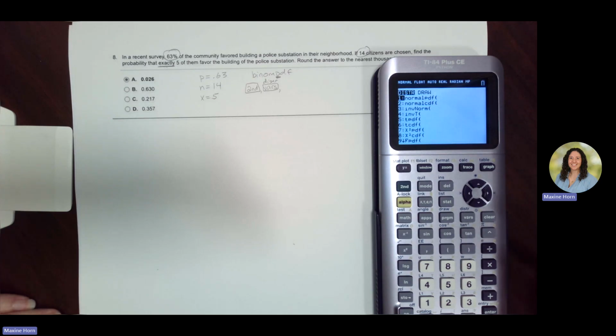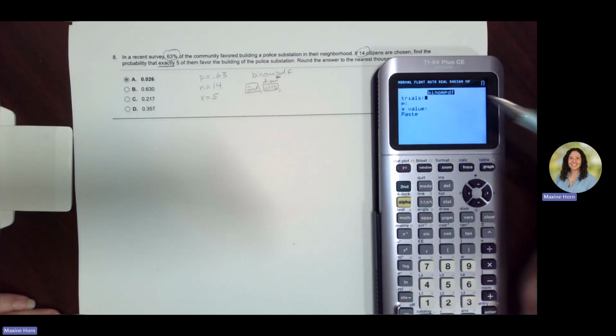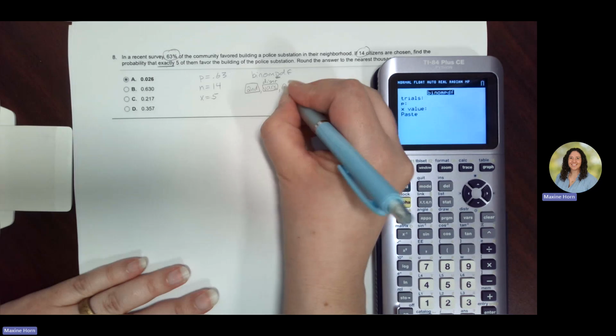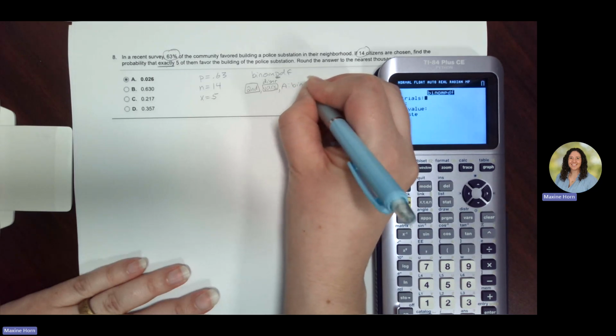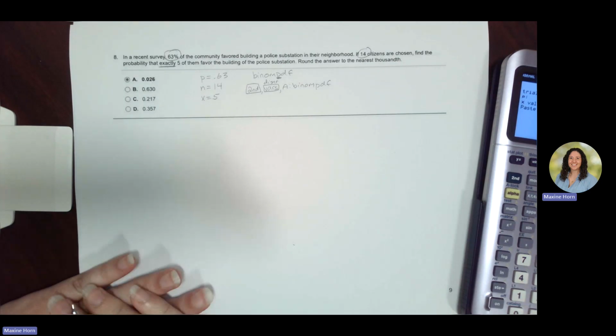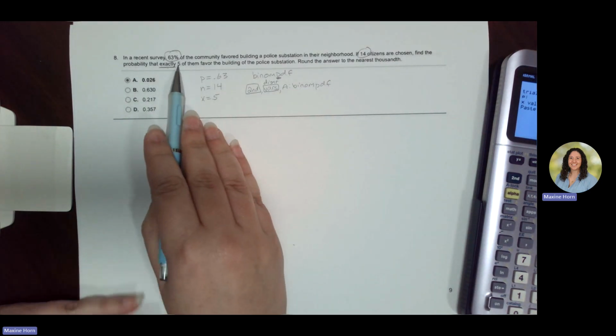Might be a different color on your calculator. So I'm going to say alpha math, and it goes directly to binom PDF, okay? All right, so second vars, and then we go down to A, binom PDF.